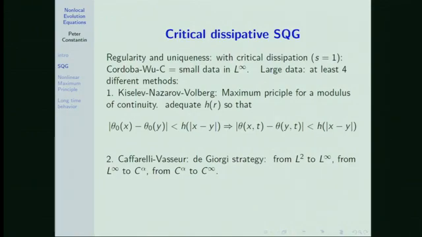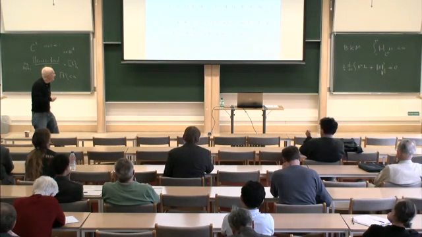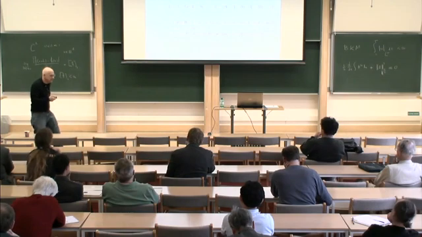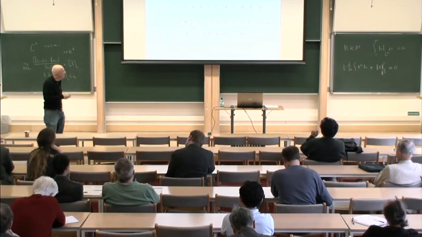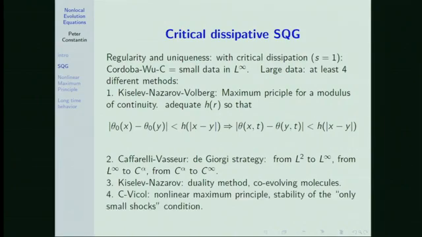They do this in a very complicated way, essentially using this Dirichlet to Neumann idea, going into an additional dimension. Kiselev and Nazarov tried to do a harmonic analysis proof that's very nice, but I don't want to talk about it, with co-evolving molecules. It's harmonic analysis. And we, with Vlad Vicol, I never understood where it is.